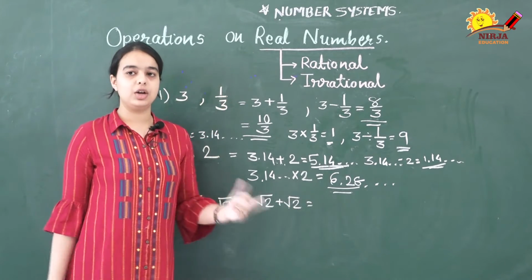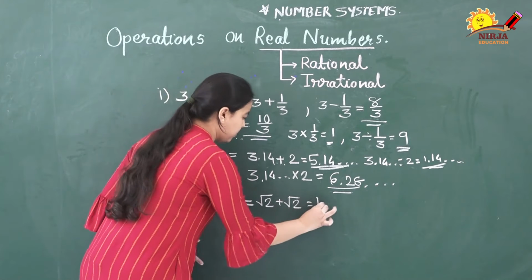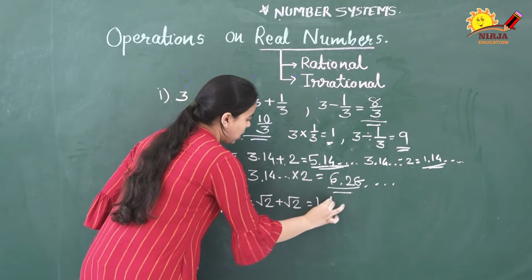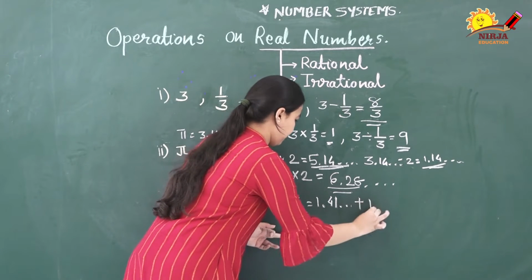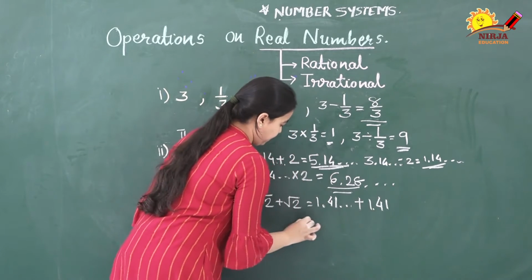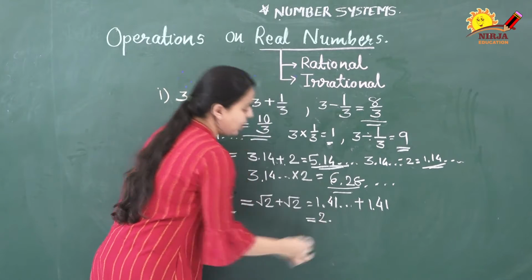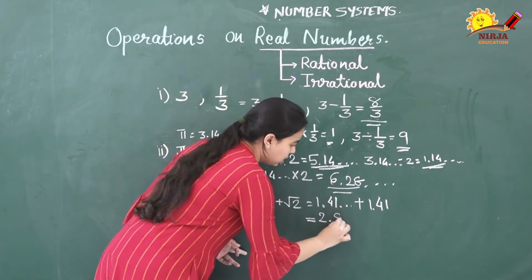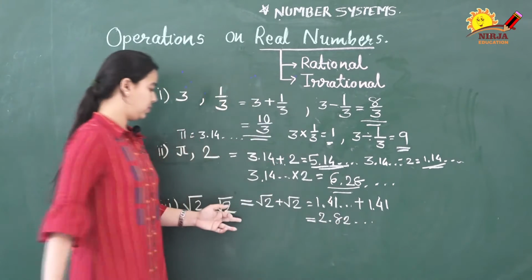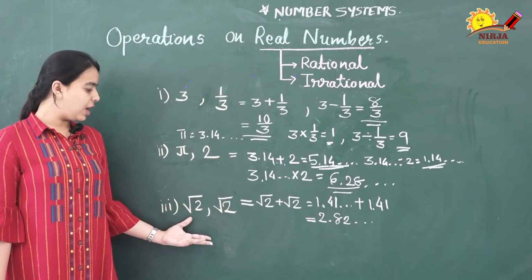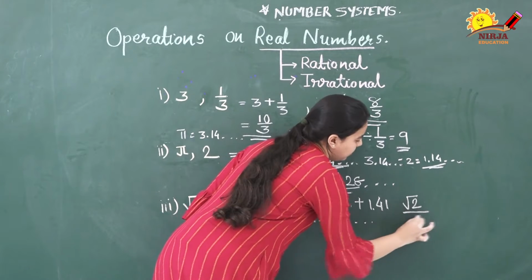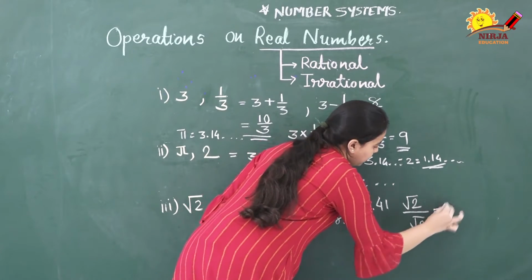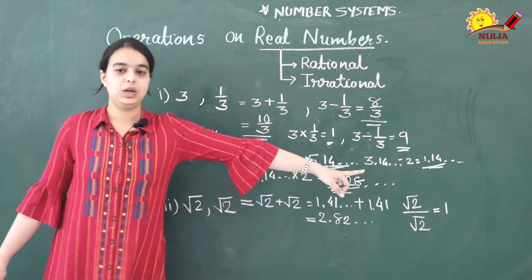The value of under root 2 is 1.41 and so on. If I add this, I will get 2.82 and so on. If I divide this, the value will be 1.